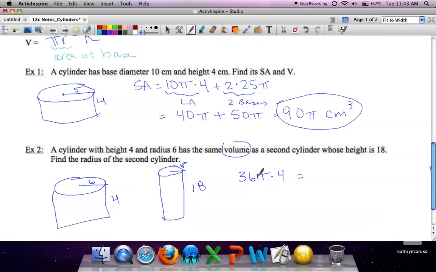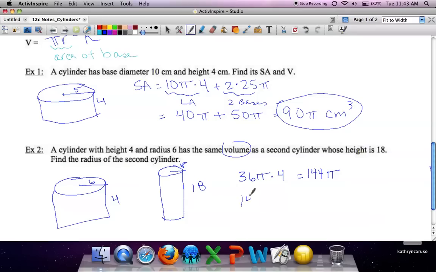Let me just double check this. That would be 144 pi. So we know that has to equal the volume of this other cylinder.